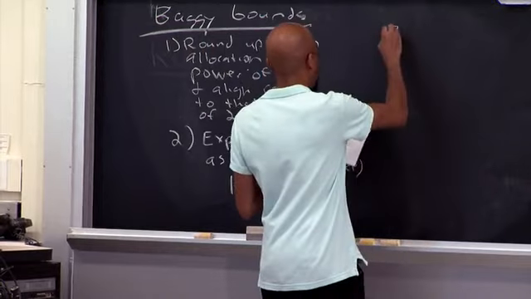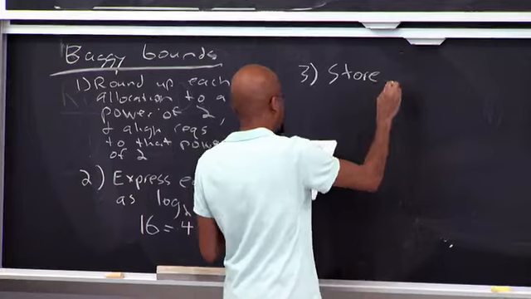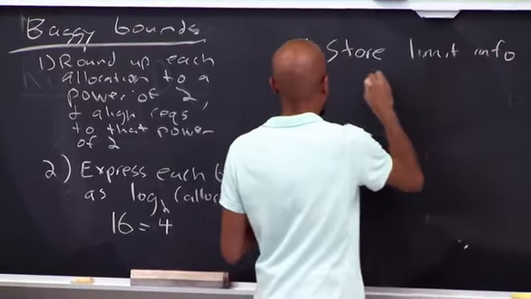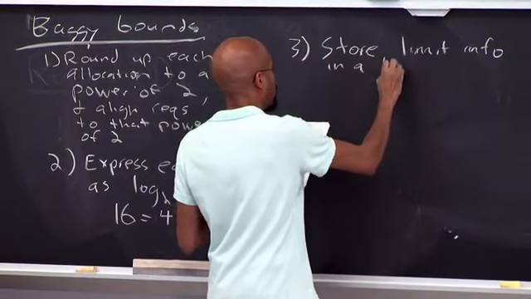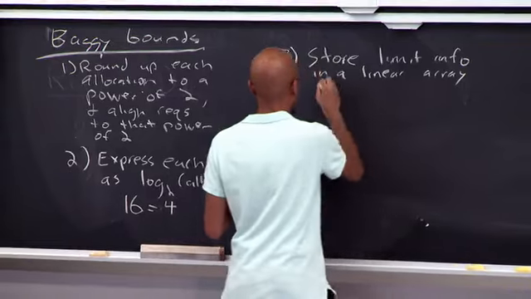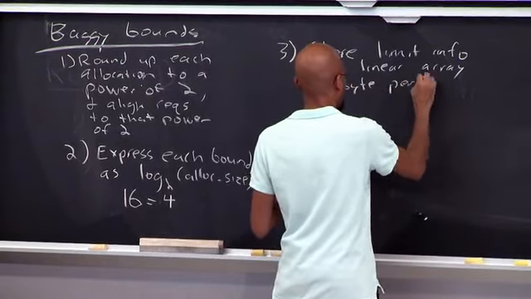And then the third thing that baggy bounds is going to do is store the limit info in a linear array with 1 byte per entry.